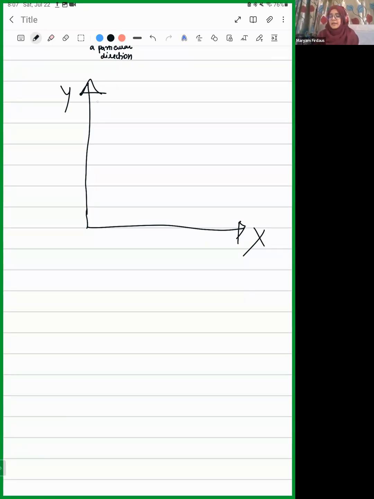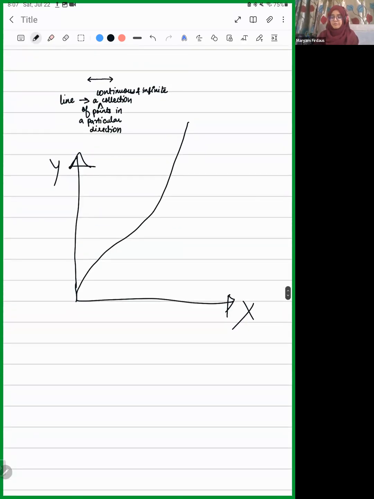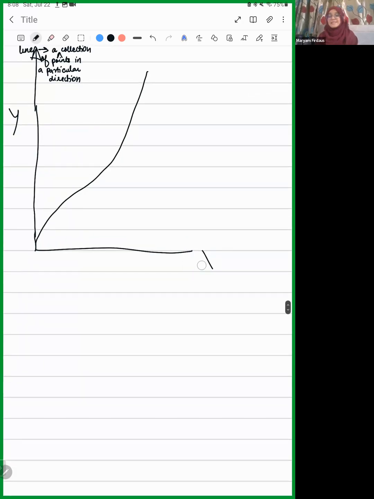Because what if you have to plot a graph that goes beyond the size of this graph? Then you will simply erase this arrow and keep on making it like this. Why? Because the arrow gives us scope that we are allowed to extend the length of the line.